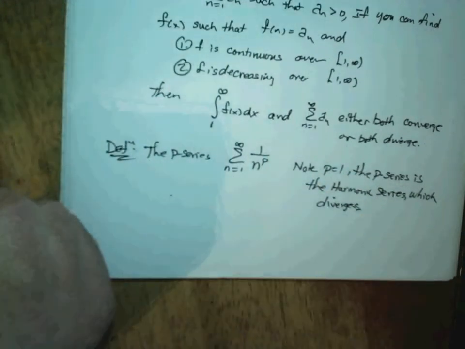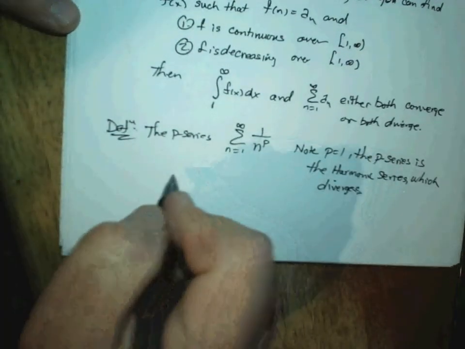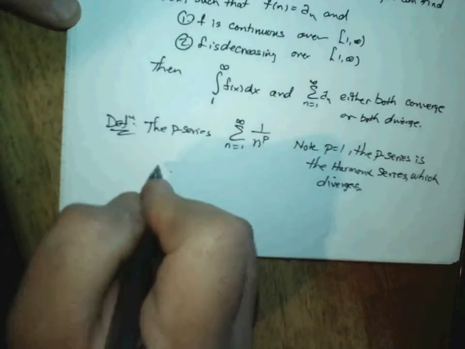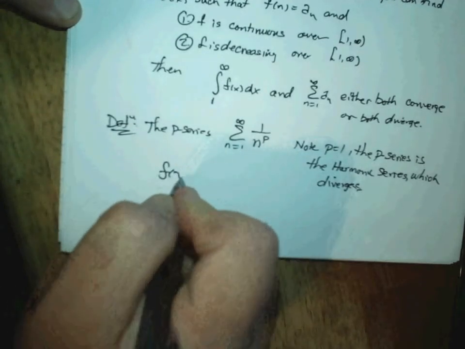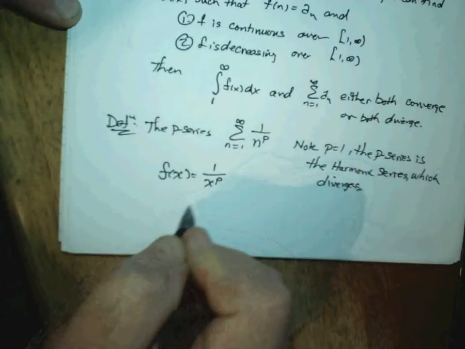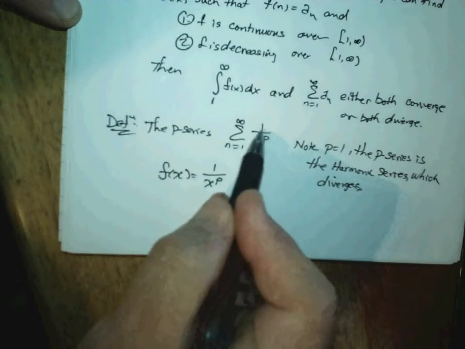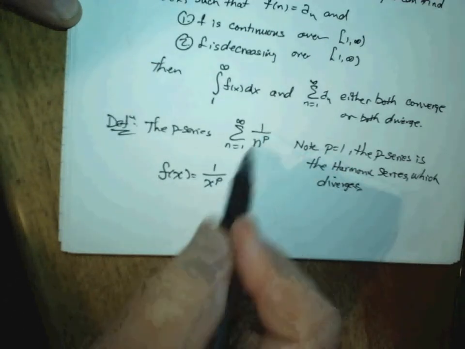But what about the cases where P is not equal to 1? Okay. Well, then let's take a look at the integral test and see if we can apply it. This would be the function that we would use to replace 1 over n to the p. This is, in other words, the continuous version of this generating function for the series.